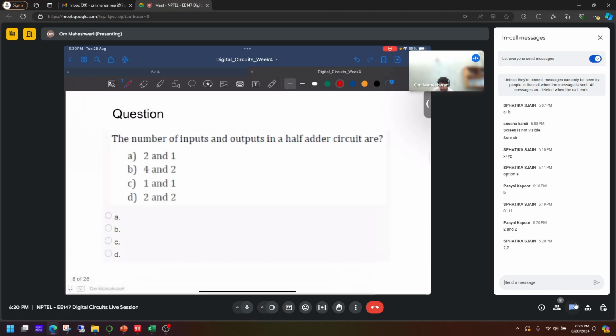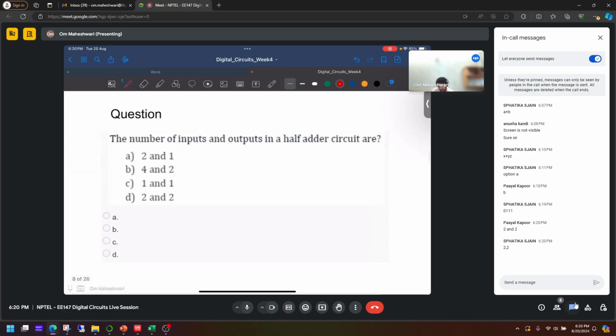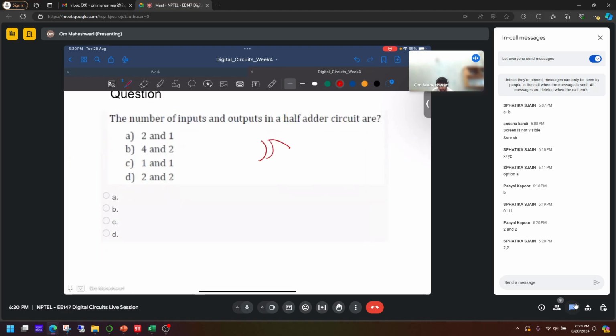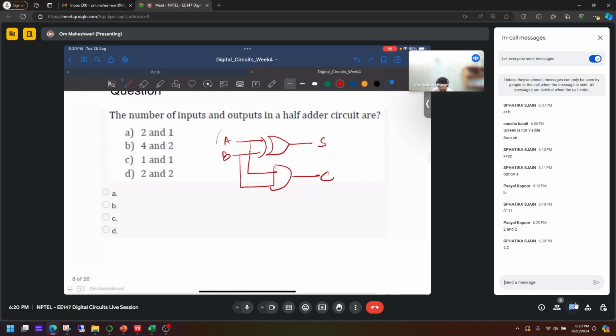In a half adder circuit, if you remember, the half adder circuit is something like this. So these are two inputs, these are two outputs. This is the half adder.